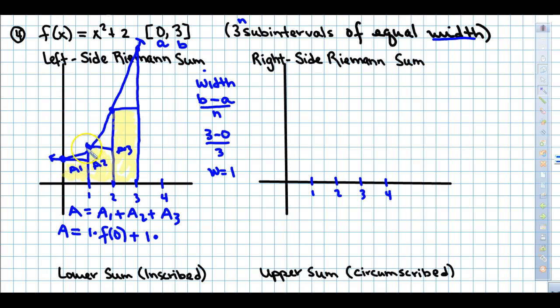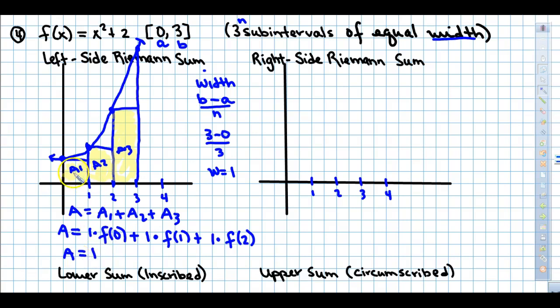Yes, I know that height is 3, but in function notation, 3 is the same thing as f of 1. And then this rectangle has a width of 1 times its height would be what? Yes, f of 2. Okay, and that's how you write that in function notation. Then you can come back and fill it in.